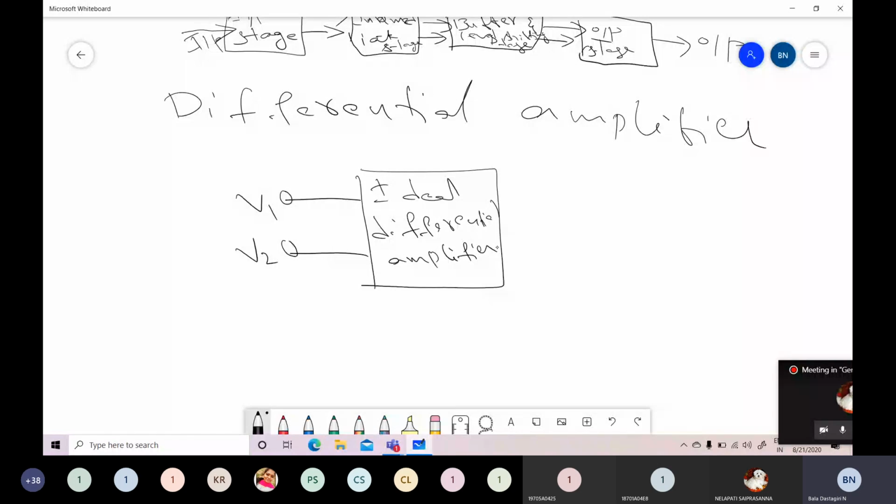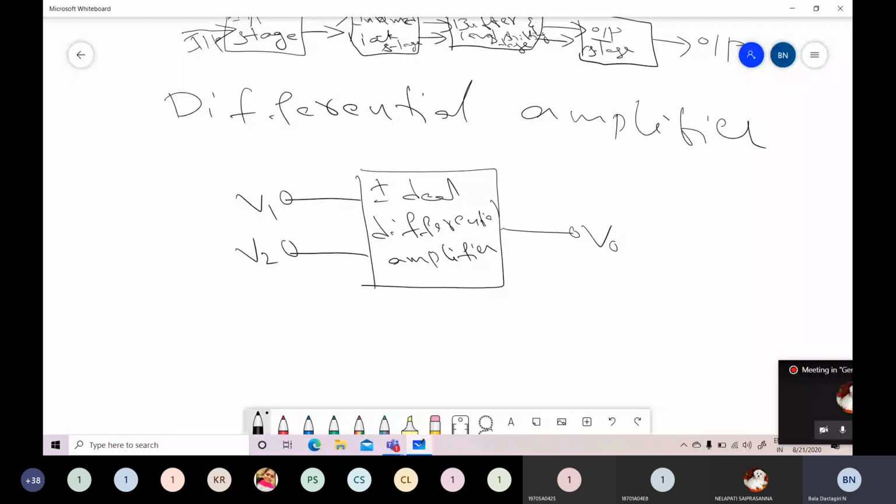And take V out, which is nothing but the output voltage here. V1 and V2 are the two input signals, while V0 is the single-ended output. Single-ended output means it has only one output present at the output of this circuit, and it is grounded.